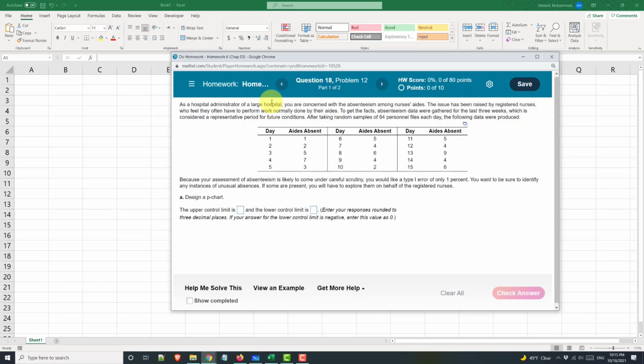Especially for the CPK question, you're often given the average of the process and the standard deviation. You don't have to calculate these metrics, right? Now, this change should not make much of a difference, because students who are studying operations management are supposed to know how to calculate simple descriptive statistics of a sample.